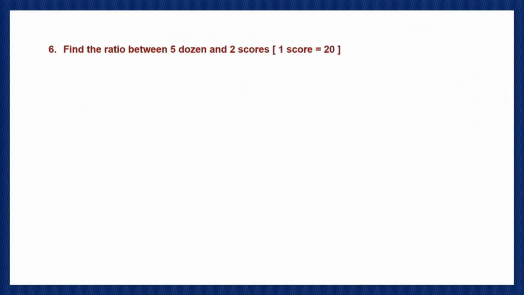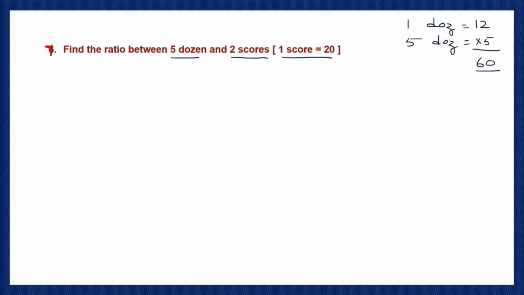Question 7. Find the ratio between 5 dozen and 2 scores. Here there is a hint given, 1 score is 20. So 5 dozen and 2 scores, let's get them to the same unit. 1 dozen is 12 units. So 5 dozens will be 12 into 5, which is 60 units.